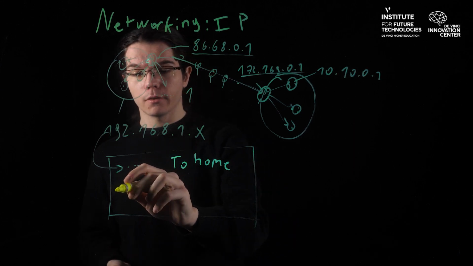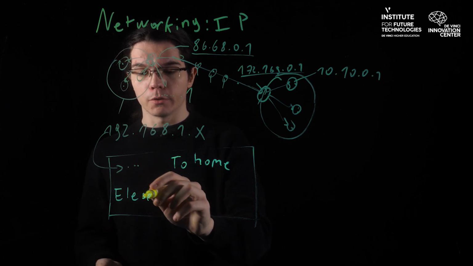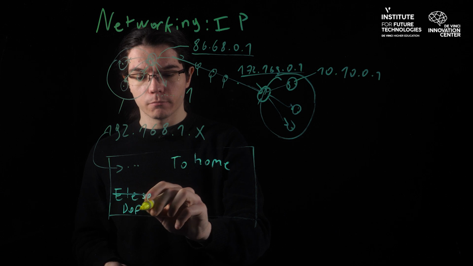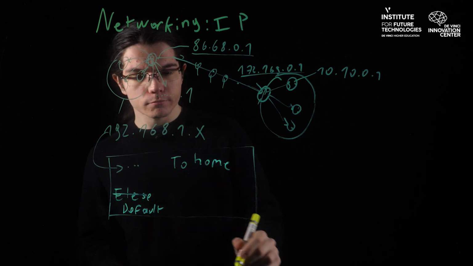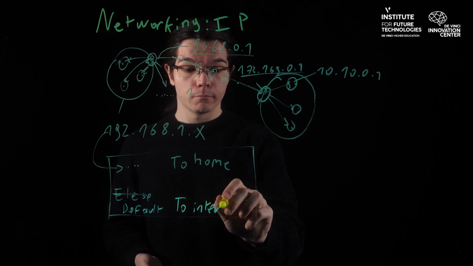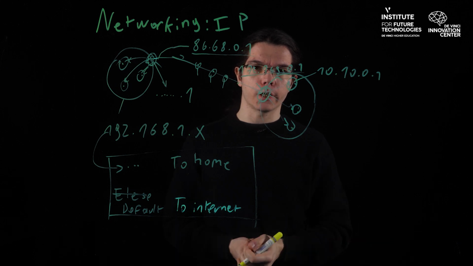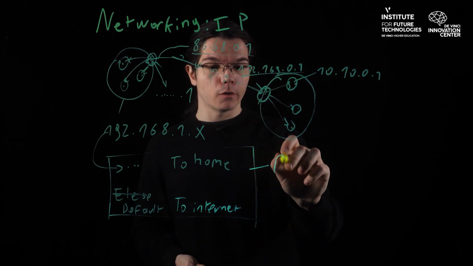And anything else, or the default, is going to be sent to the internet, via optic fiber or however you are connected. So this is very important, and it's called the routing table.